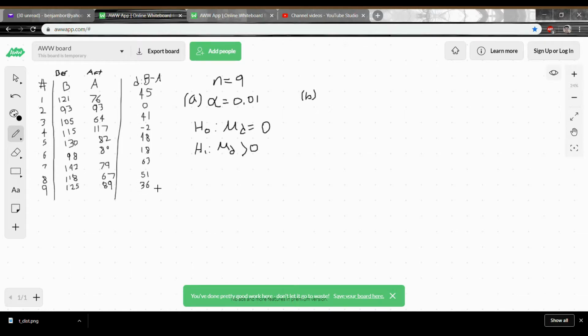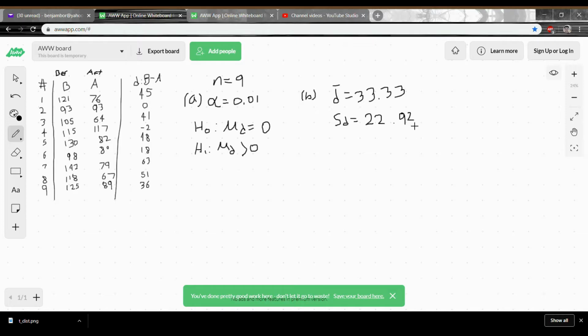We can calculate that by hand. We can also do that by calculator. I'm just going to give it to you. Our D bar is equal to 33.33. Our sample standard deviation is a little bit harder to find. It would require either the equation given before or the calculator. I'm going to give it to you and show you how to calculate it later. It's going to be 22.92.